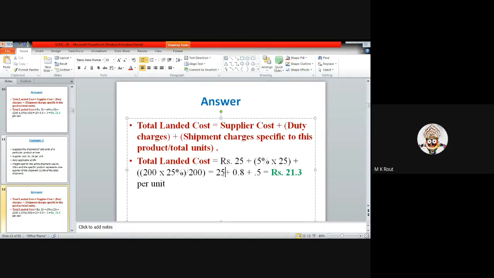Calculate. What is the answer? So directly tell me the answer.